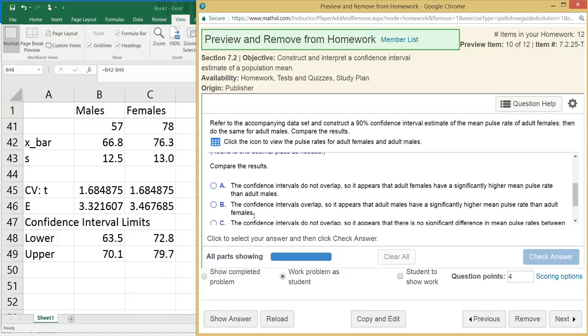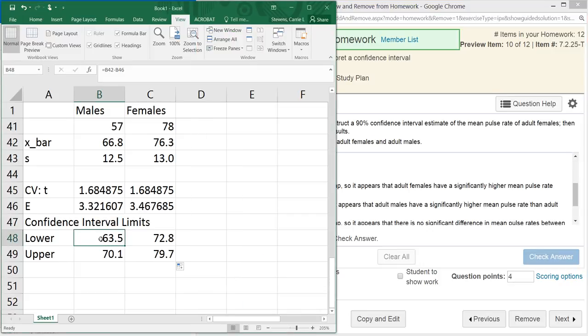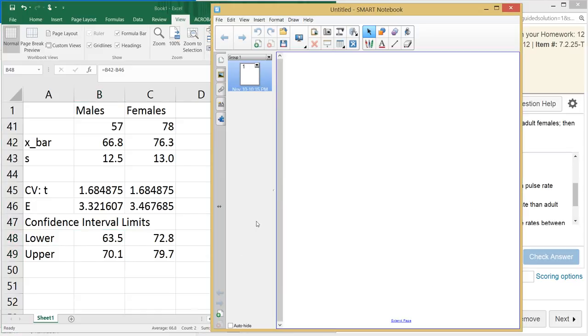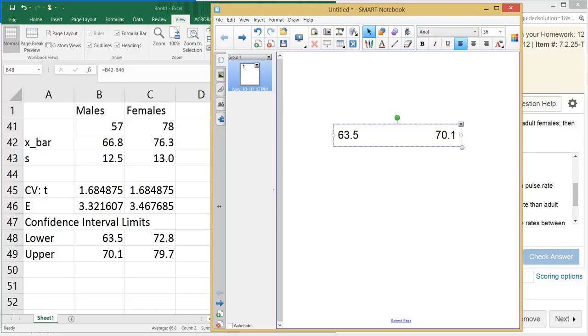Well, even before I read my choices, I'm just going to look at what we have here. I have 63.5 and 70.1. So what is that? 63.5 to 70.1, right? I don't even know what I'm trying to do here exactly.